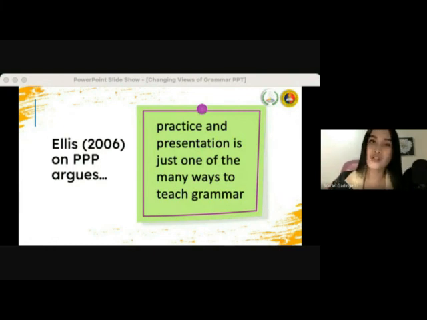Even if there is a production part there, okay, it doesn't really show the complex nature of language, even if it exposes students to communicate through real world tasks, because their minds are conditioned with the structures presented only.